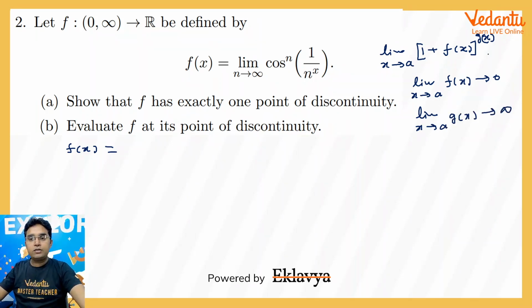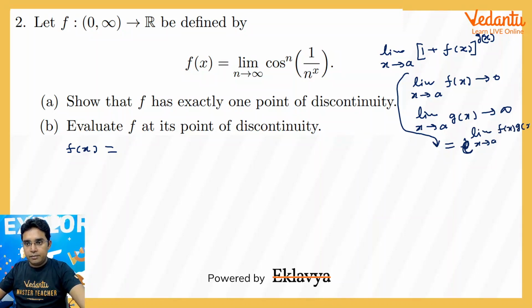You can see it is actually 1 power infinity, and in this case there is a standard method. We write this equal to e raised to the power limit x approaches a of f(x) into g(x). That is something very standard, we can use directly. There is no need to prove it.